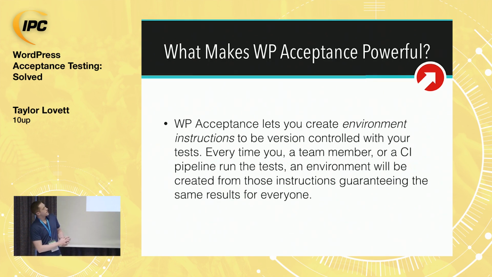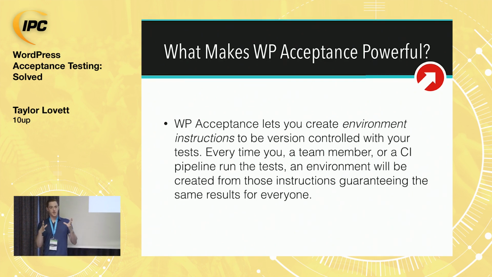So what makes WP Acceptance powerful? WP Acceptance lets you create environment instructions that you can version control with your code base. So every time you or your team member or your CI pipeline run those tests, an environment can be automatically generated based on that set of instructions.